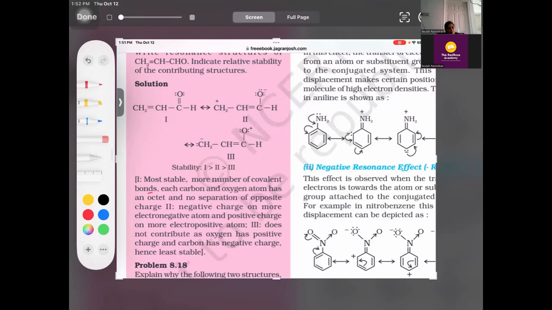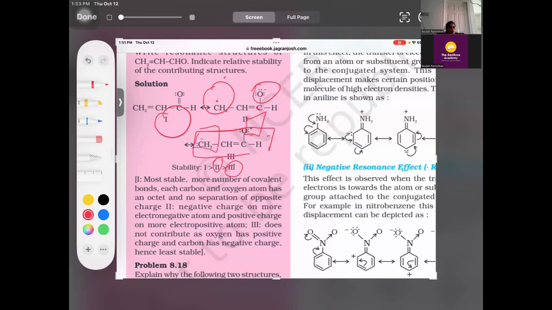Got it? So compared to all these three, the first is stable, the second is less stable compared to the first, and the third is again less stable compared to the other two. In the second one, the negative charge is on the more electronegative atom and the positive charge on the more electropositive atom, and the number of bonds is higher. But the third does not contribute much, as oxygen has a positive charge and carbon has a negative charge.